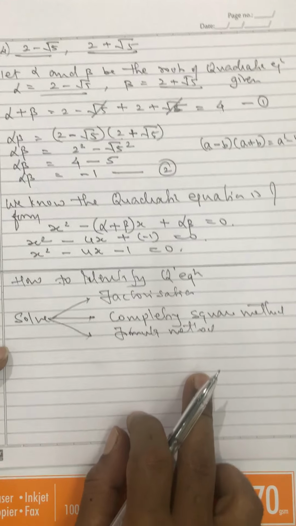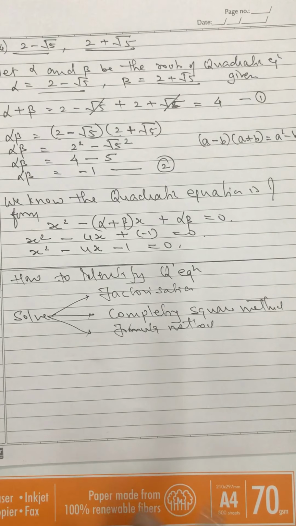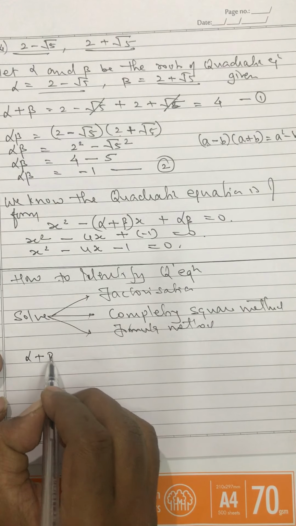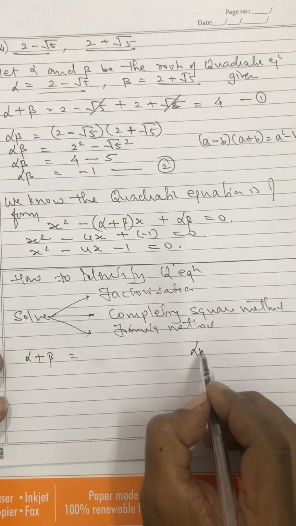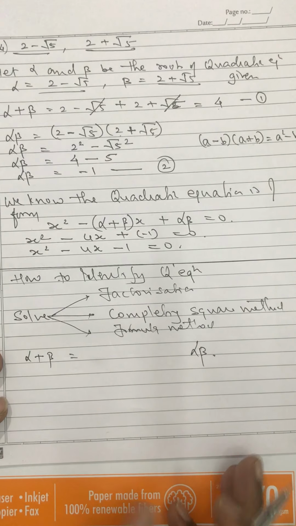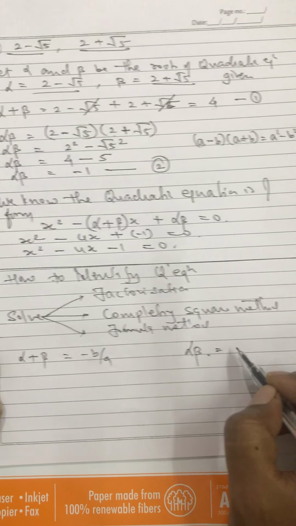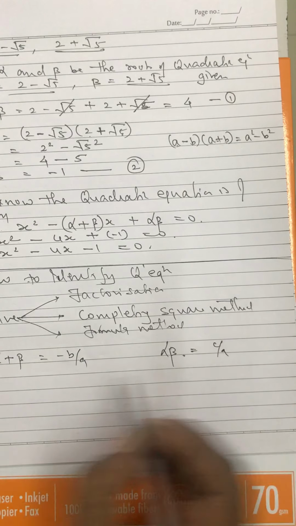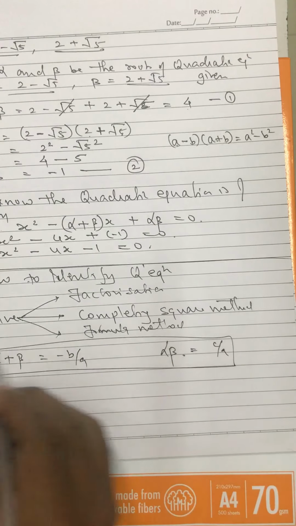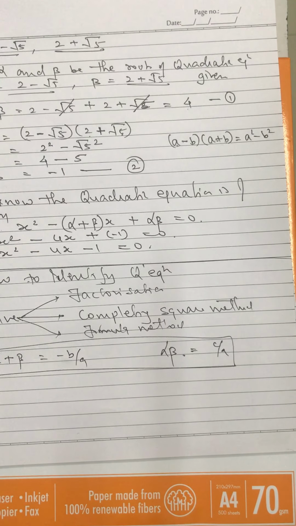And then what we have understood is the relation between the sum of the roots and the equation, and the product of the roots and the equation. The sum of the roots is minus b upon a, and the product of the roots is equal to c upon a. Why do we require this? Basically, if sometimes roots are given to us, then from the roots we can form the quadratic equation.